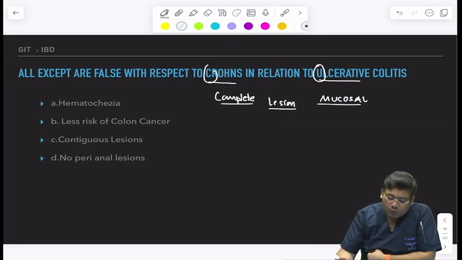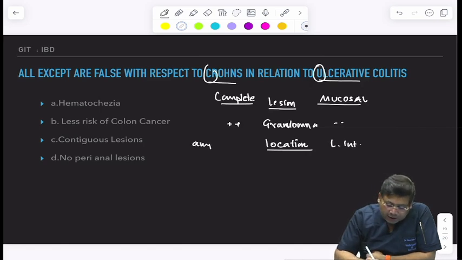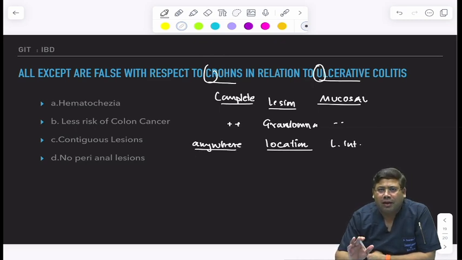Where will granulomas be found? The granulomas will be seen in Crohn's. Then when we talk about the location, ulcerative colitis is found in the large intestine only. Crohn's can be seen anywhere, even in the large or the small intestine. This is important.